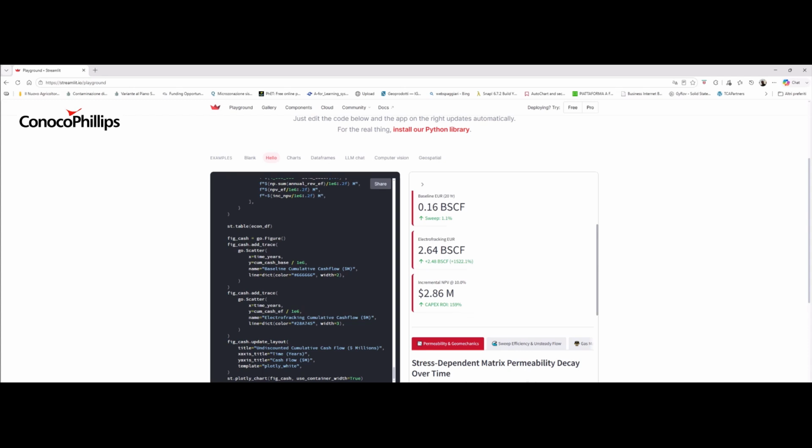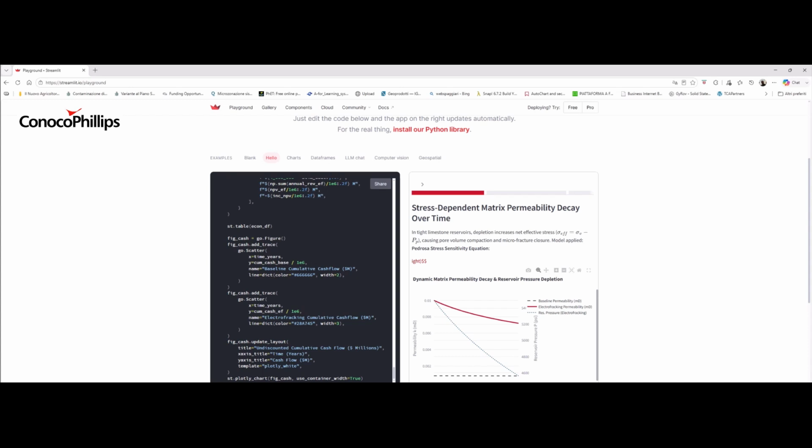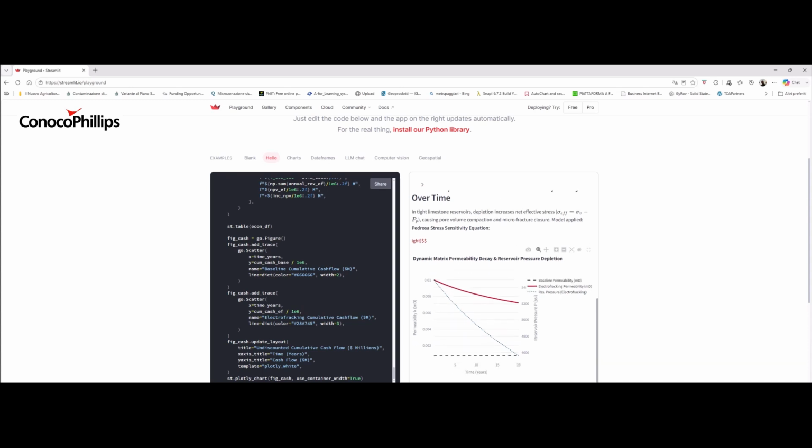The incremental PV, you have the stress-dependent matrix permeability decay over time. In tight limestone reservoirs, you sometimes have pore volume compaction and microfracture closure from redeposition of some minerals. We applied the Pedrosa stress sensitivity equation model, and the dynamic matrix decay of reservoir pressure.